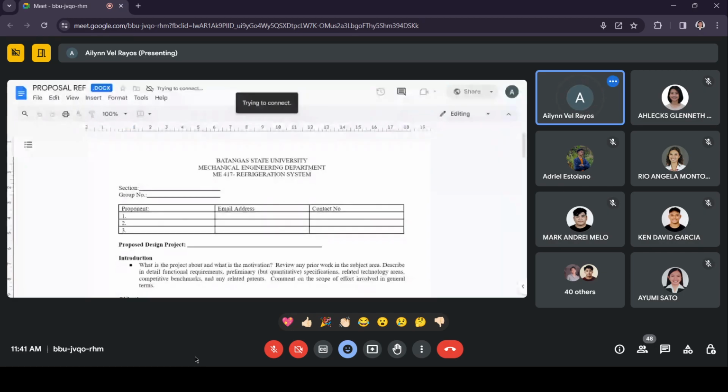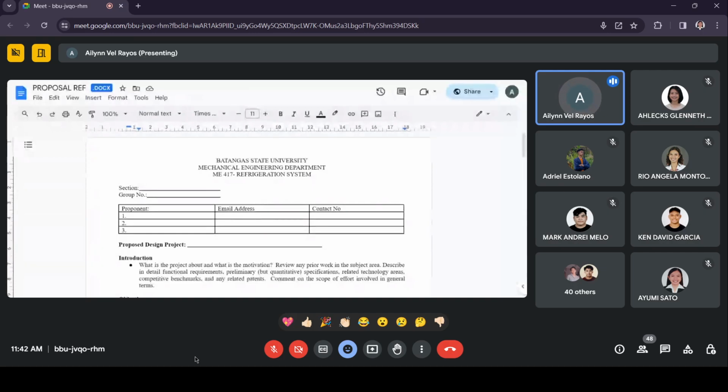So we have two parts ng ating proposal ay ng ating design project. So first you will propose, and then the next one after ma-approve, then you will start na yung design project. So I already uploaded the both mismo. So let us first discuss muna yung sa proposal. So both of these are already uploaded sa Google Classroom.